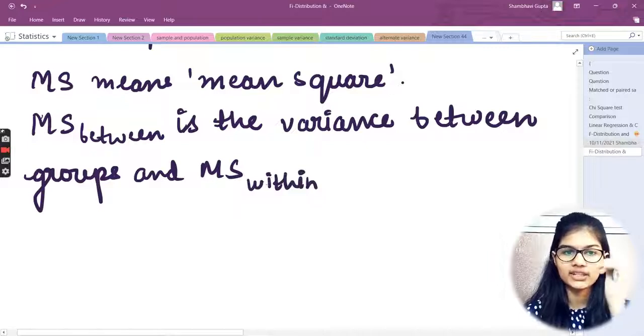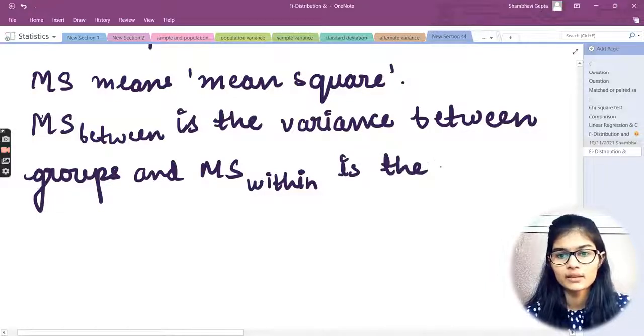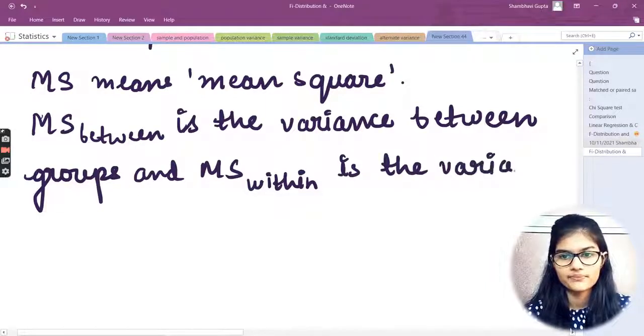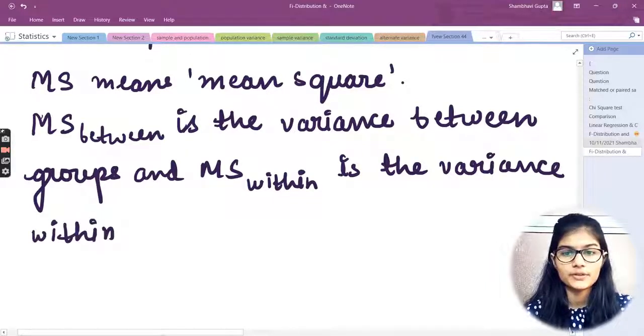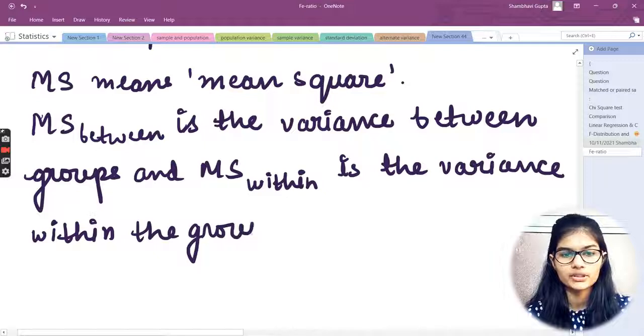So MS between is the variance between groups, and MS within is the variance within the groups, because between is almost finished, right? Because we discussed it above. So MS within is the variance within the groups, right?